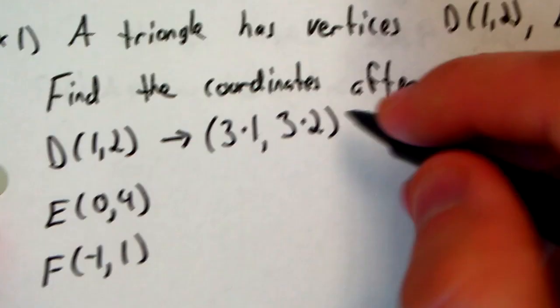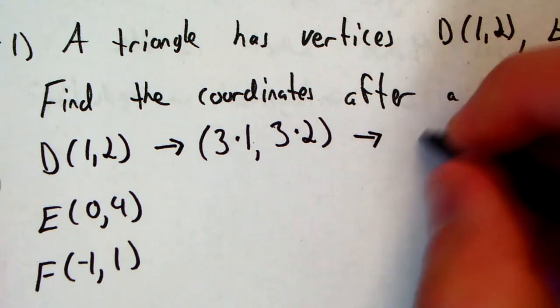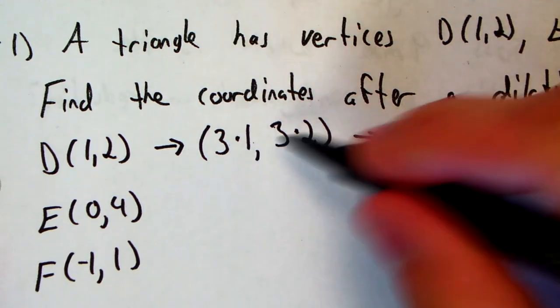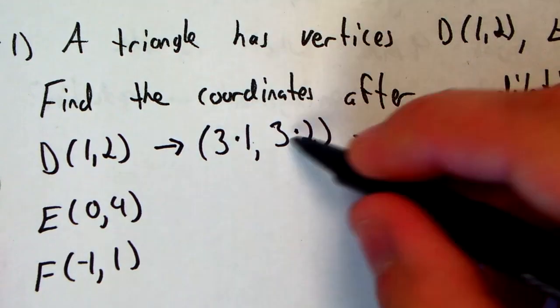So our new ordered pair, which happens to be D prime: 3 times 1 is 3, and 3 times 2 is 6.